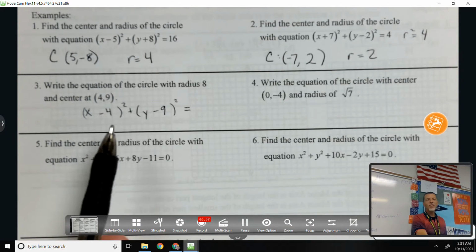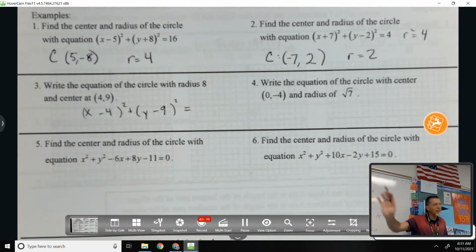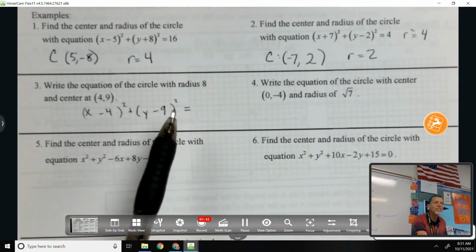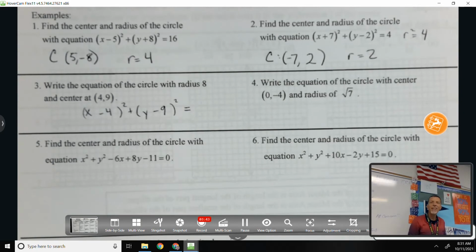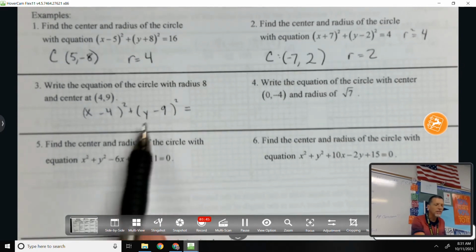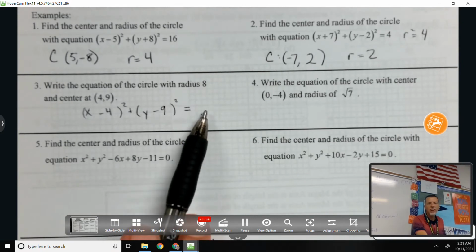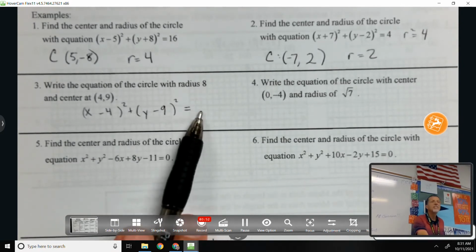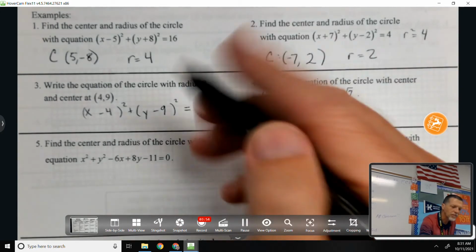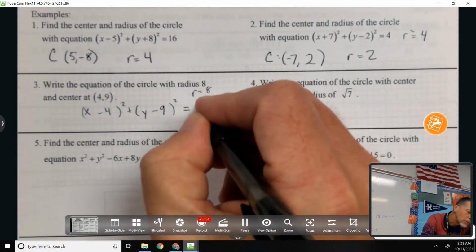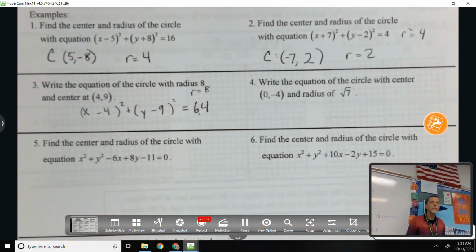It's frustrating when people know all of the pre-cal and then on the test they leave off the squared. You're making 98 on the test, which is great, but you could add 100 if you'd remember to put the squares on there. All right, what goes on the other side over here? 64. R squared. If R is 8, then R squared is 64.